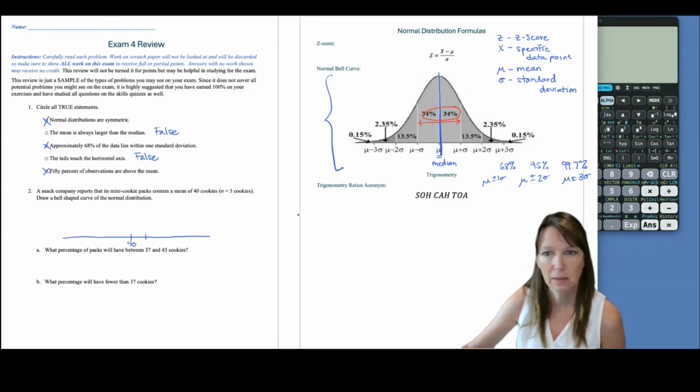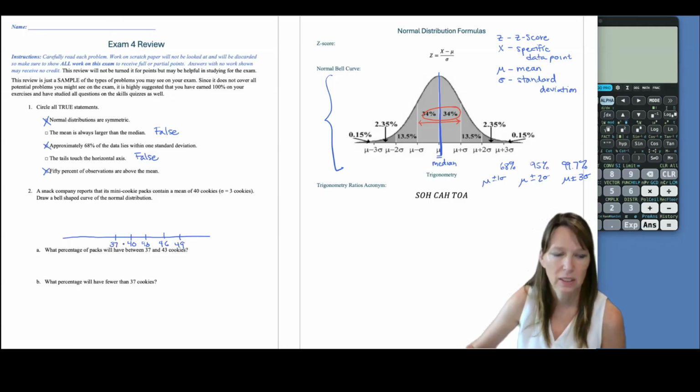And then the mean plus 1 standard deviation would be 40 plus the 3, or 43, 46, and then 49. We only generally draw out 3 standard deviations, and then subtract 3 on the left. So we've got 37, 34, and 31.